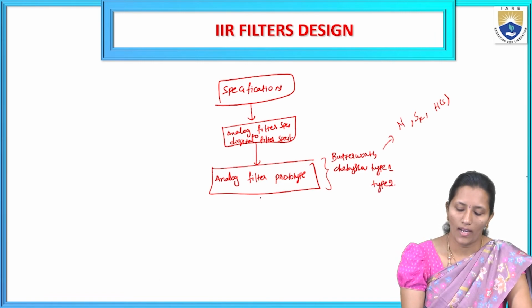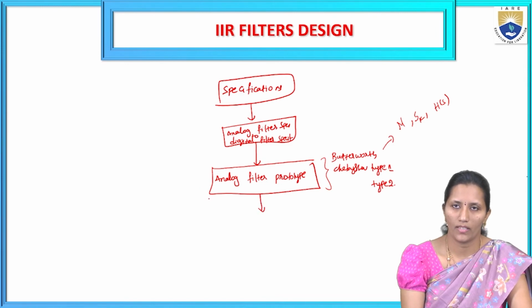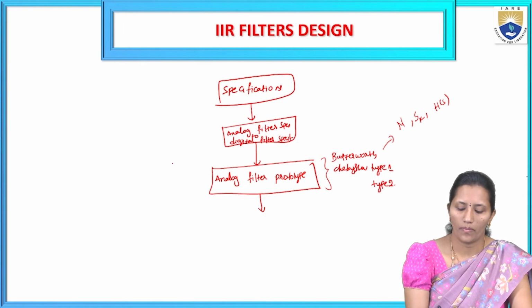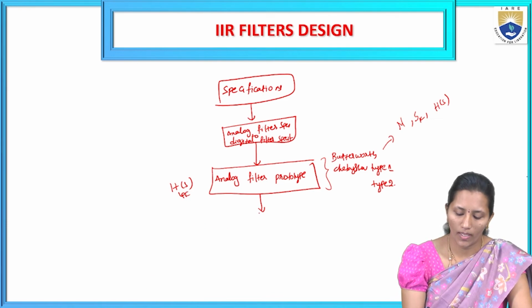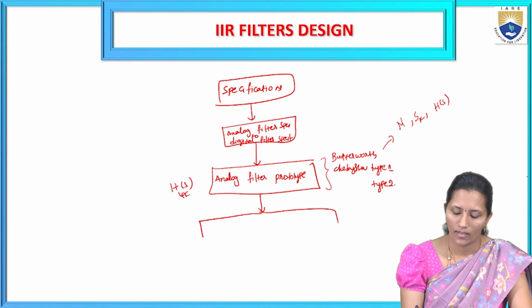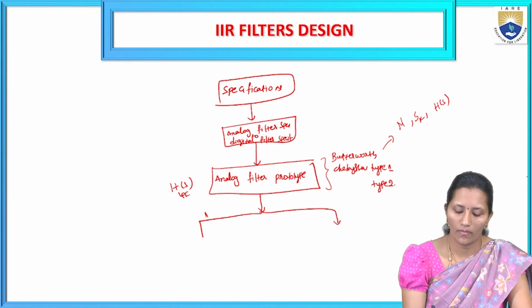Okay, and it is followed by this: first we will take the specifications, and from that we are going to design the analog filter prototype. Here we are going to find out the low pass filter transfer function. We have two approaches.